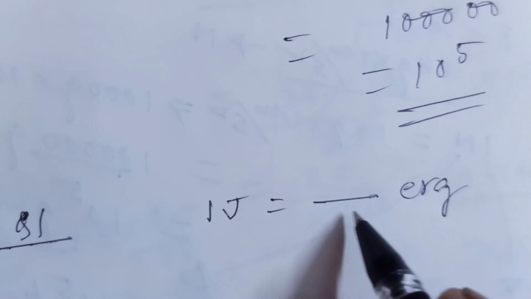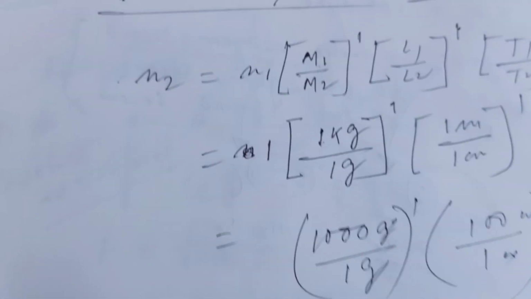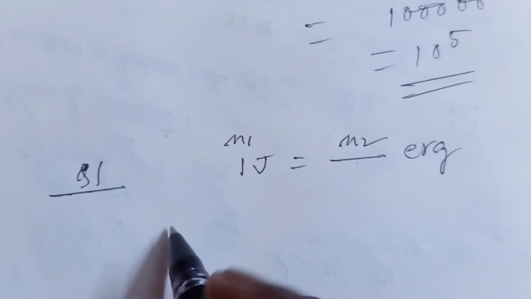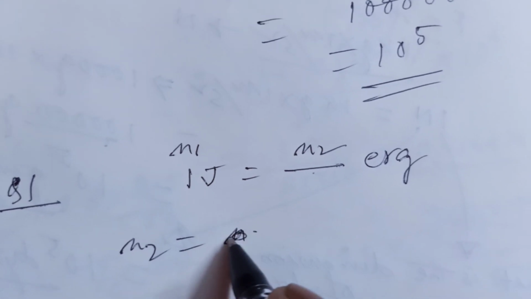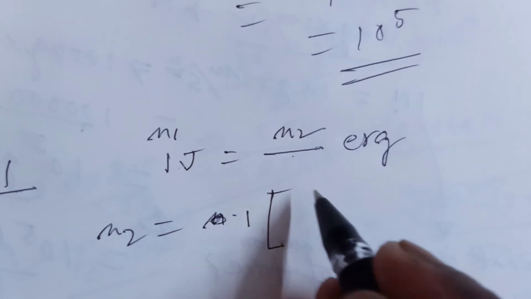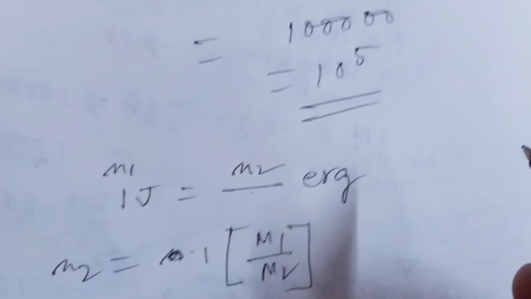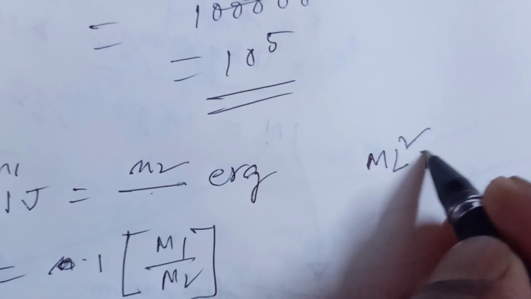You have to calculate that numeric value, that is n2, and here it is n1. The formula is the same: n2 equals n1, here n1 is 1 joule, so 1 into (mass by mass) to the power of, write down the dimensional formula, that is ML squared T minus 2.